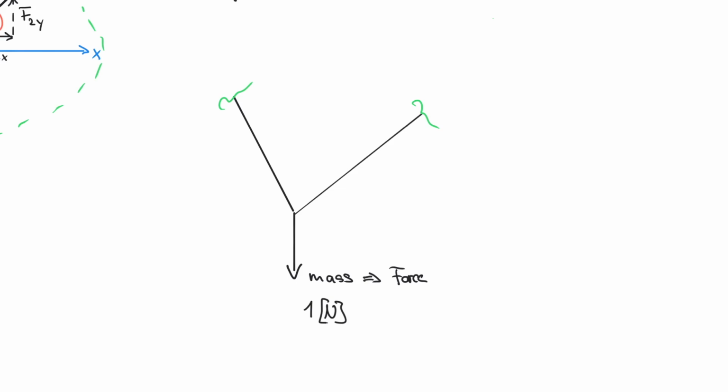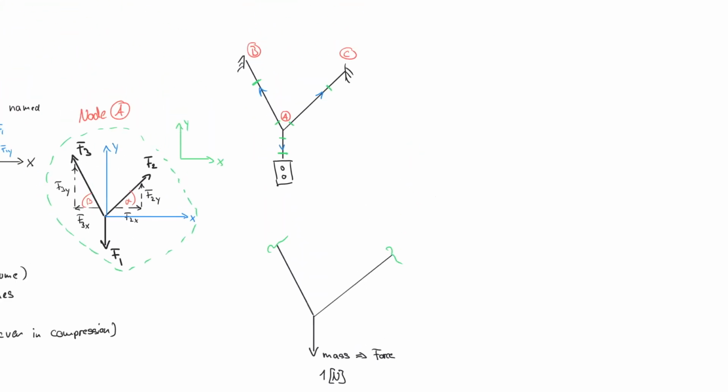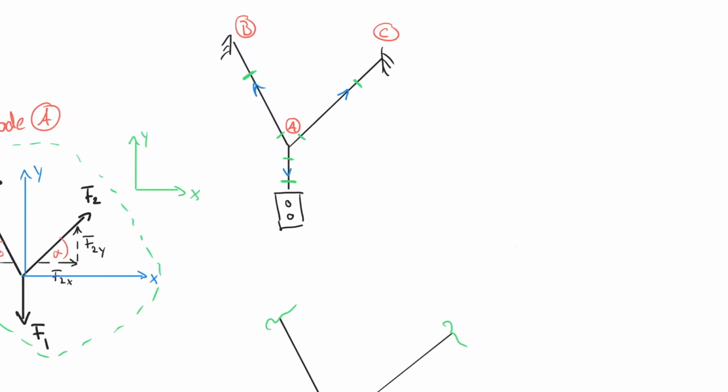And what would happen in real life, you can really visualize this by thinking of these 2 strings or 2 cables, and there's 1 Newton hanging on it, and then you take a pair of scissors and you cut them. What happens? The whole thing falls down because there's 1 Newton acting on it. But for it to not fall down in real life, the engineer has to provide as much force in this cable and as much force in that cable as it was originally provided before it was cut.